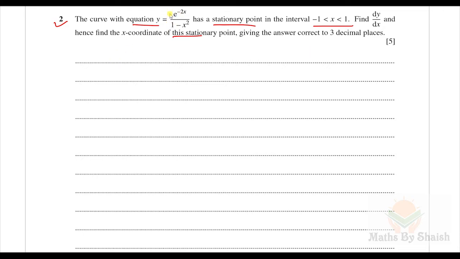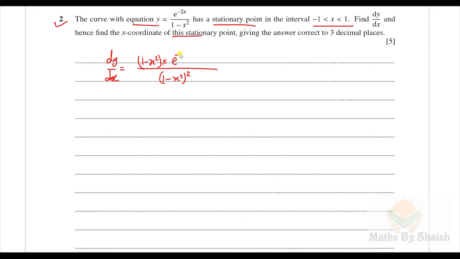So first of all we'll find dy over dx, and it is a quotient form, so I'll use the quotient rule here, as well as the chain rule. In the quotient rule the denominator is squared, that is (1 minus x squared) whole squared, and then the denominator as it is into the differentiation of the numerator, and here we are going to use the chain rule.